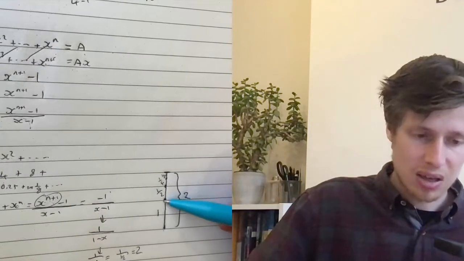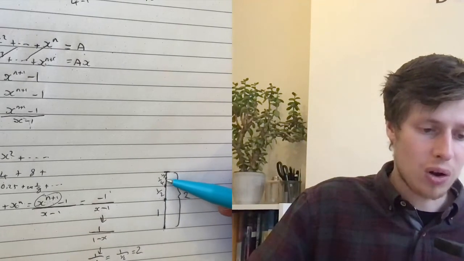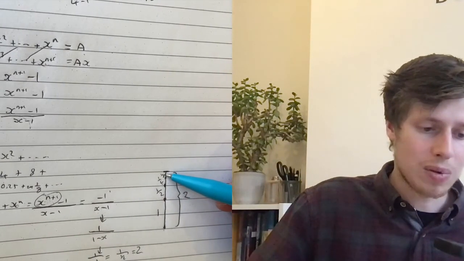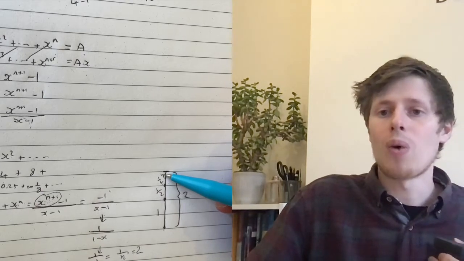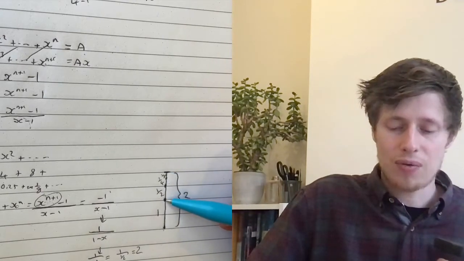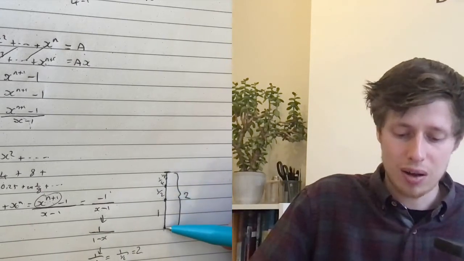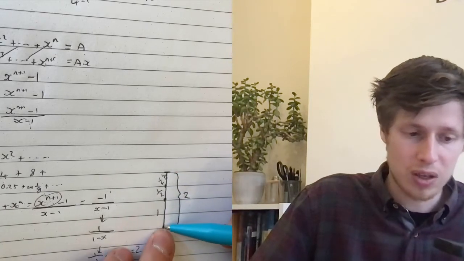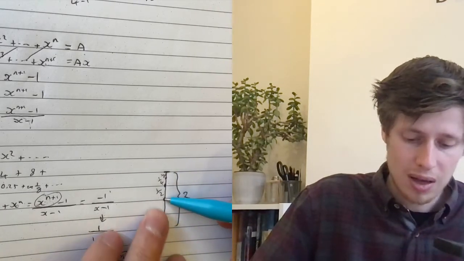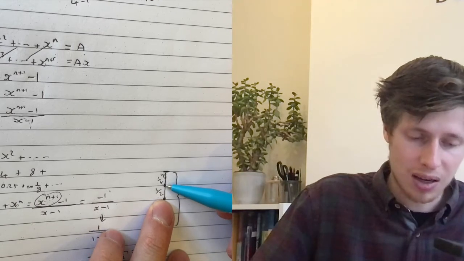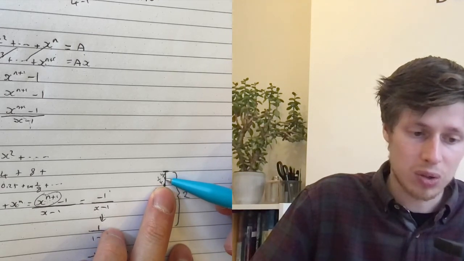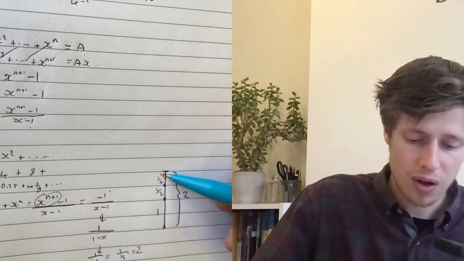Each time you add the next power of a half along, you're going halfway in between where you have left to go to get to 2. So halfway along from this bit to 2 is 1. Then I go halfway along again, adding a half. Then I'm adding half again, which is a quarter, and I'm going half of the way in between.